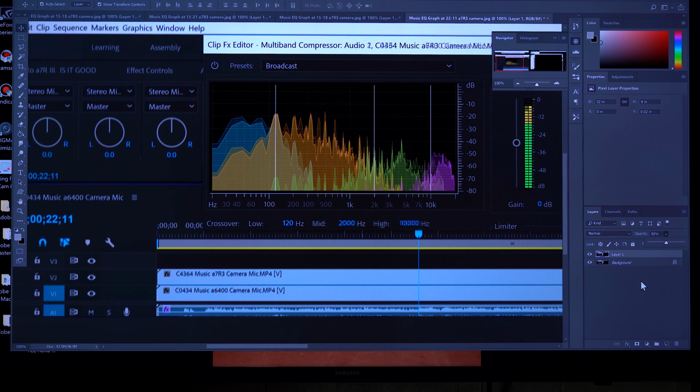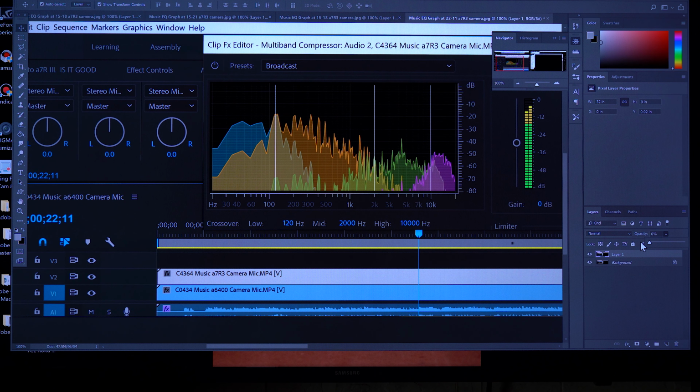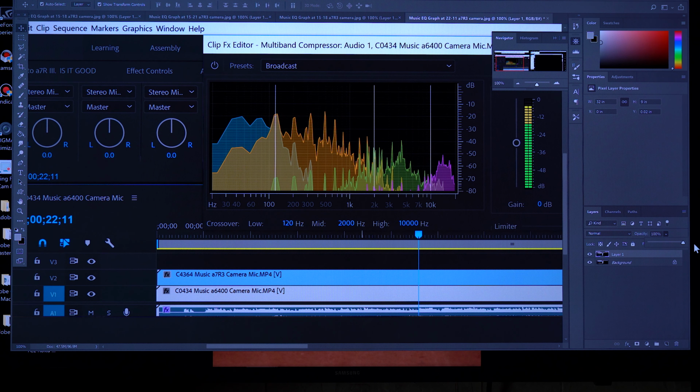And just to make sure I'm getting consistent results, I choose another spot of music, 2211, and made the same test. Here's a7R3 graphics, and here is a6400. And again, I don't see huge difference.